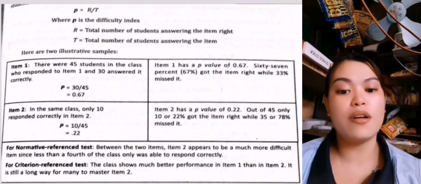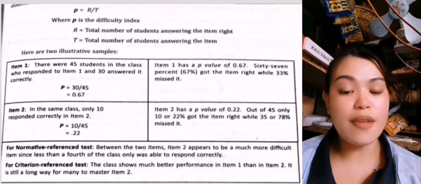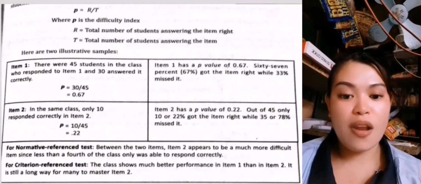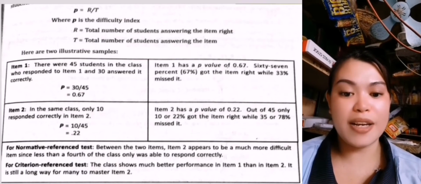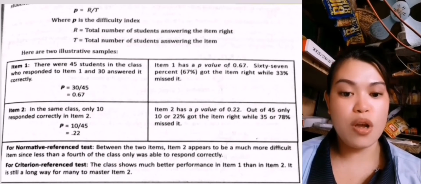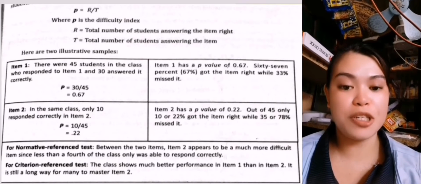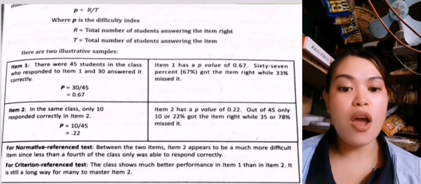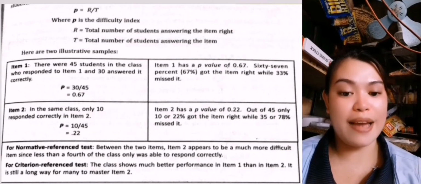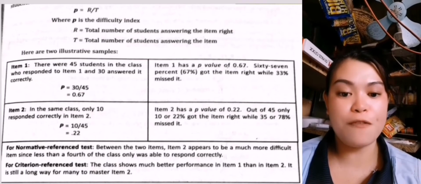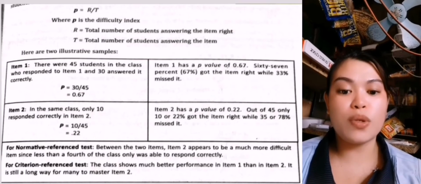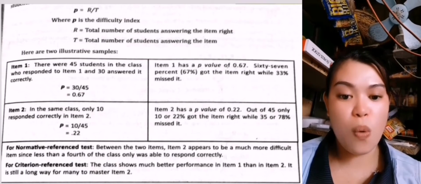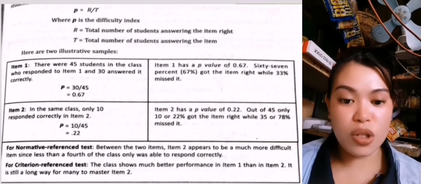And we have also here item 2. In the same class, only 10 responded correctly to item 2. So we use again the formula P equals R divided by T. R equals 10, divided by 45, which is the T. So 10 divided by 45 equals 0.22.